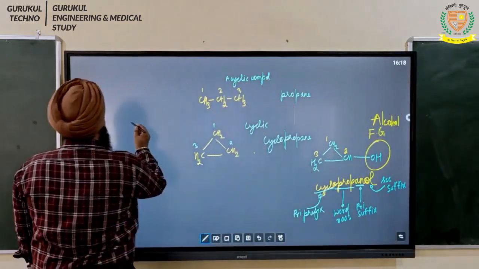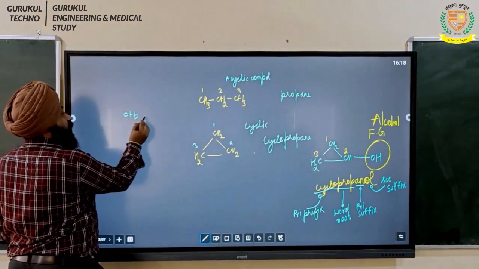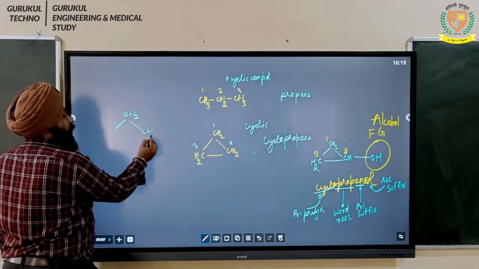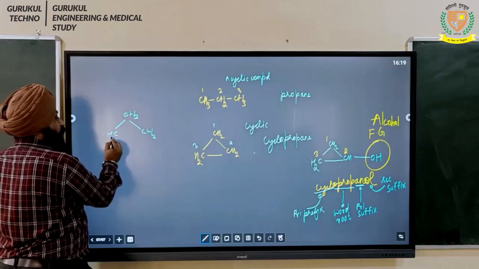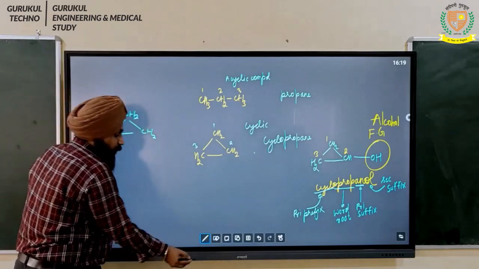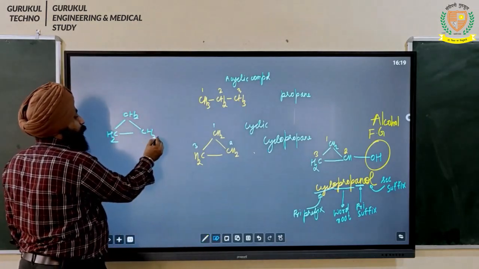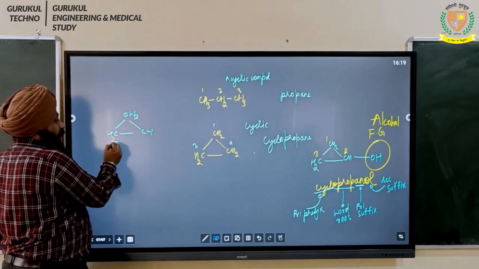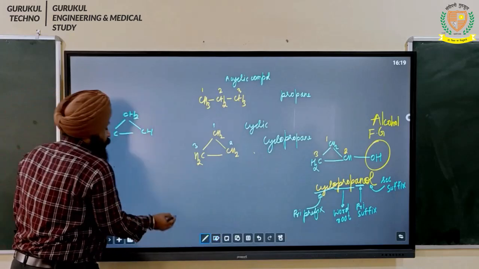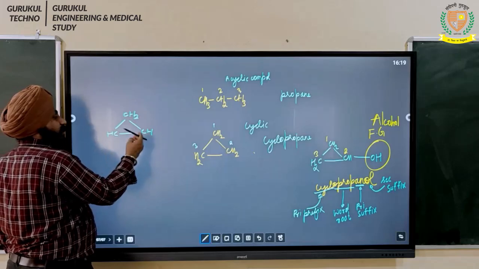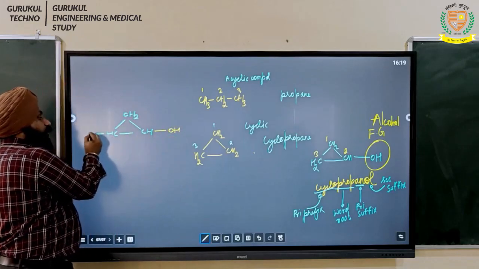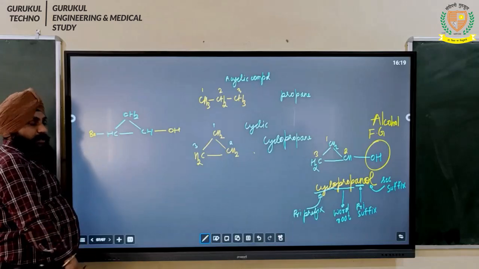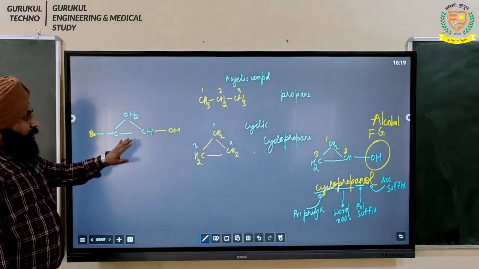Now, students, one more thing we will be adding. Now what I have done, I have taken again CH2, here also there is C, CH2, here also there is CH2. Now I'll be simply replacing this H, and one H from here. So students, I'll be getting OH over here, and here there is going to be Br.